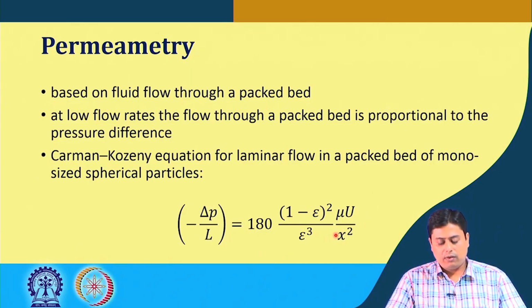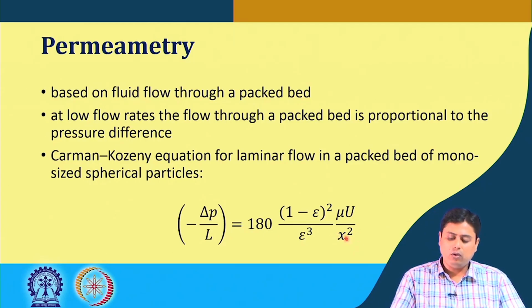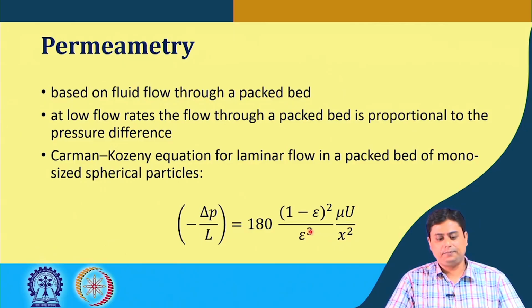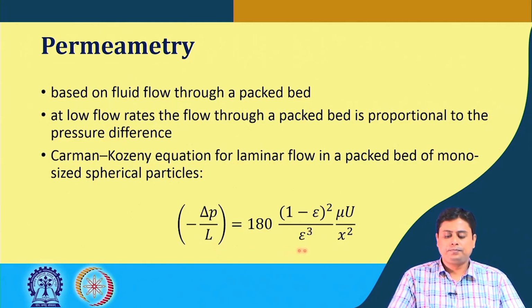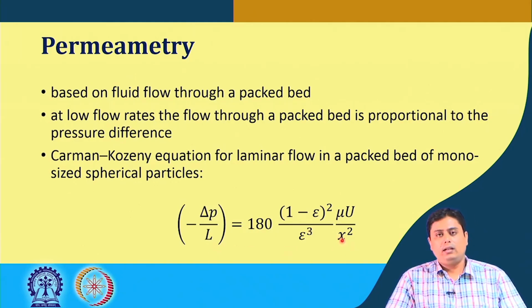You do it multiple times, plot the graph, and you can find the mean value of x. In fact, if these are mono-sized particles, the calculation becomes much easier: for a particular flow rate you estimate the pressure gradient across the bed, use this relation and get the value of x, which is the particle size.